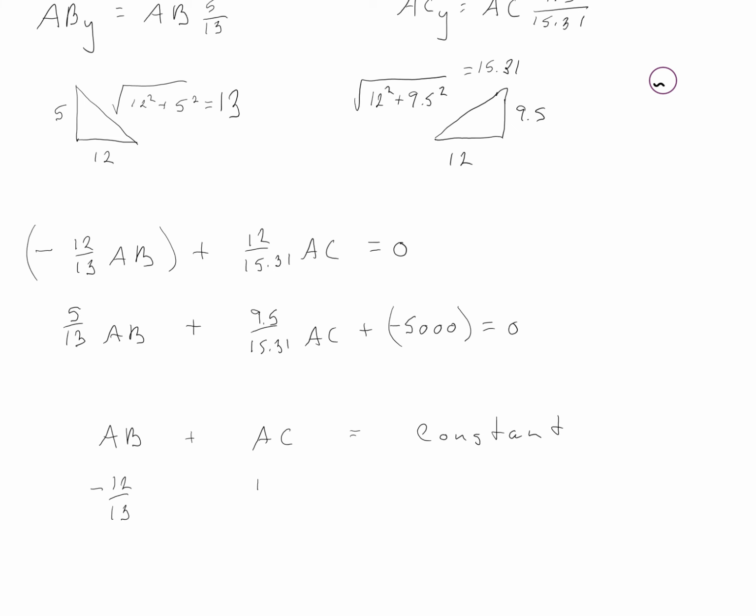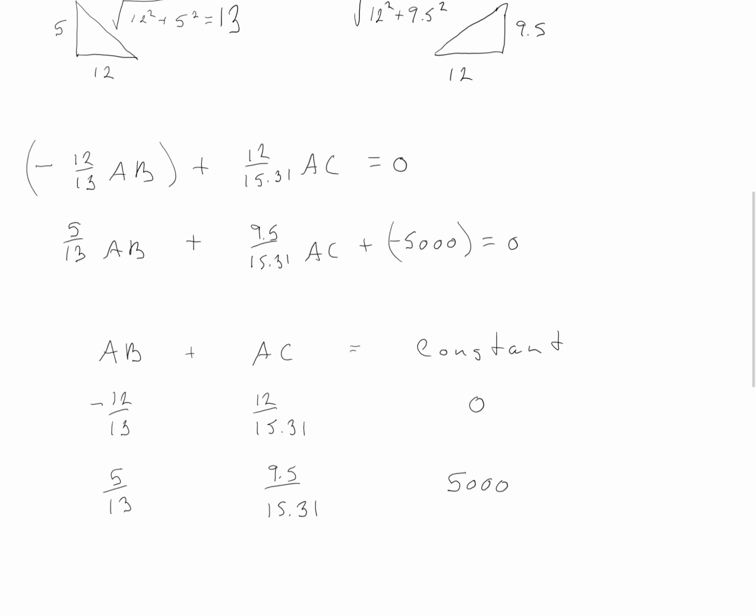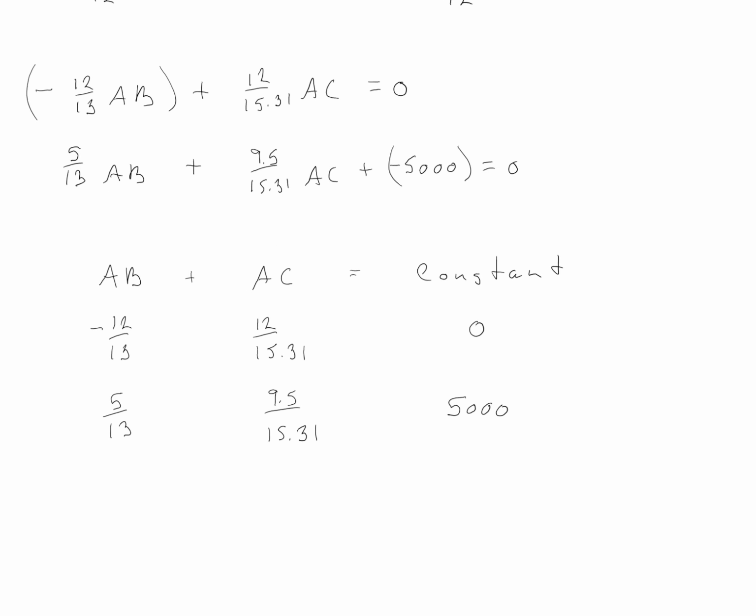Under AC I have 12/15.31, and a constant I have 0. For my y equation I have 5/13, 9.5 out of the 15.31. And notice I have 5,000 on this side, but I need it on the other side of the equal sign, so I have positive 5,000. Now I'm ready to put this in the calculator.